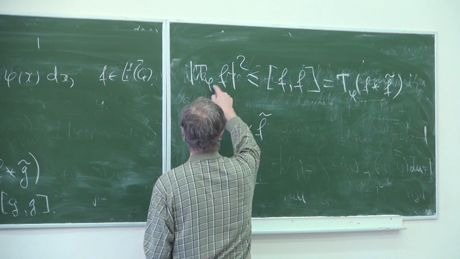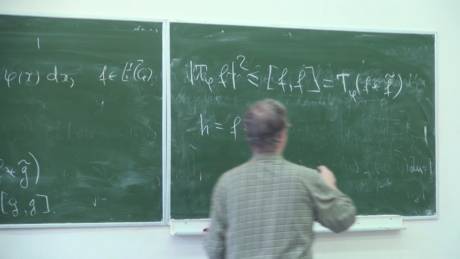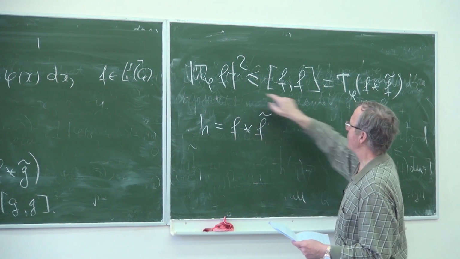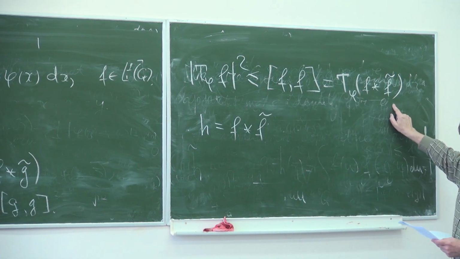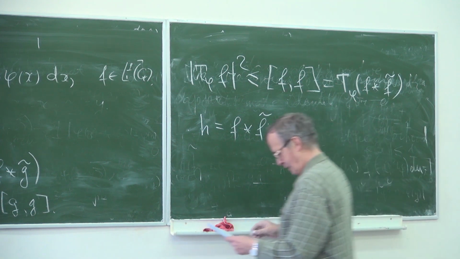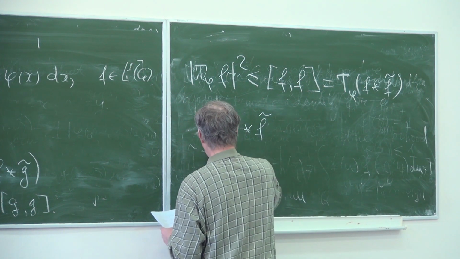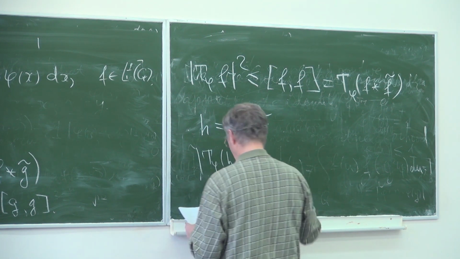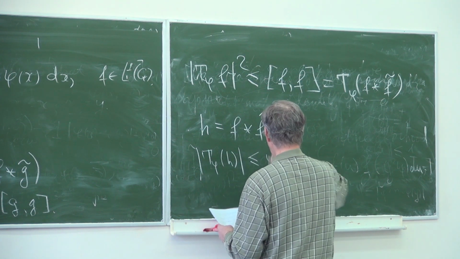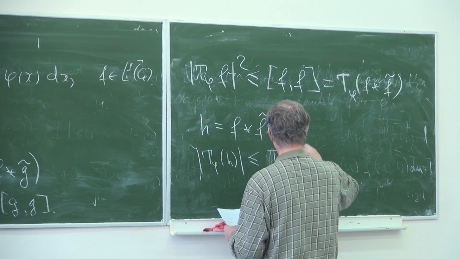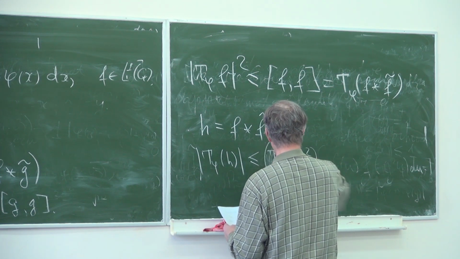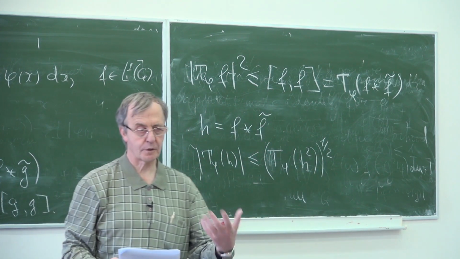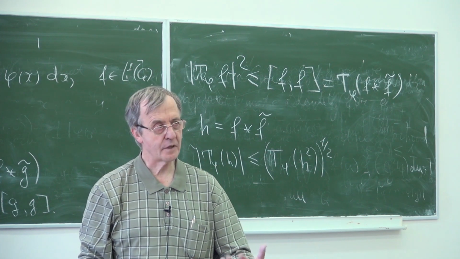So T phi of something is estimated by this thing. So let's apply the same inequality to this term. This is T phi of h, and this is less than or equal to T phi of h squared to the power 1/2. Here I mean square in terms of convolution. So square is convolution square. It is convolution of h with itself.